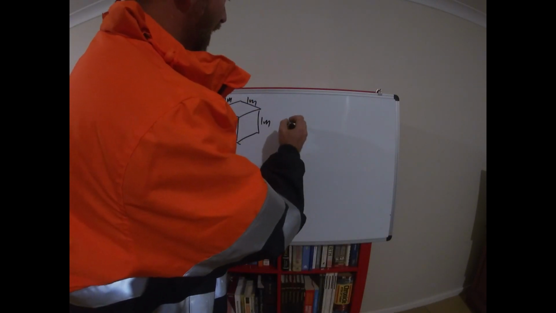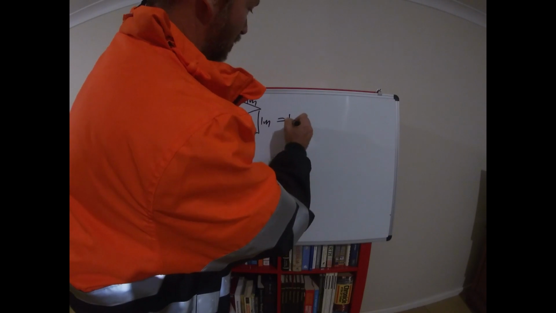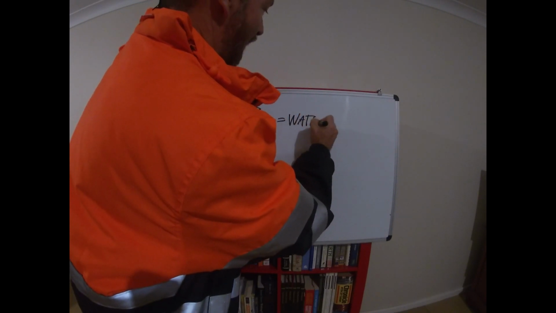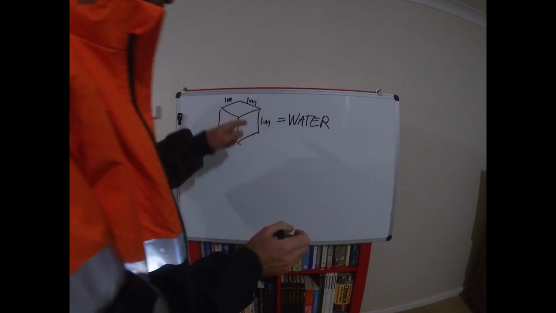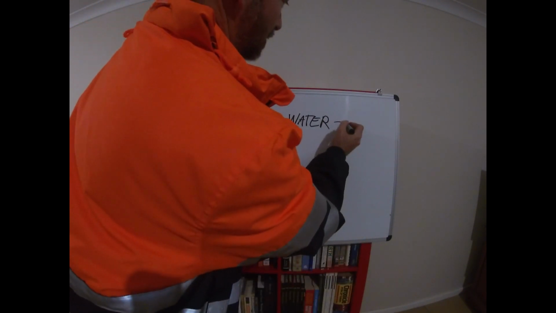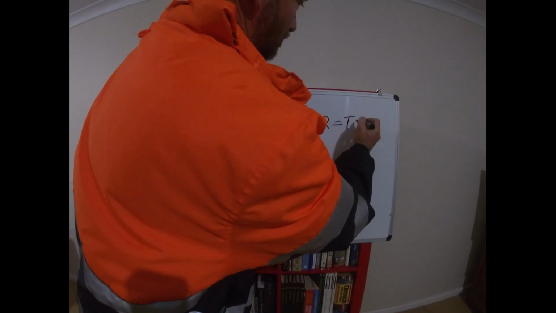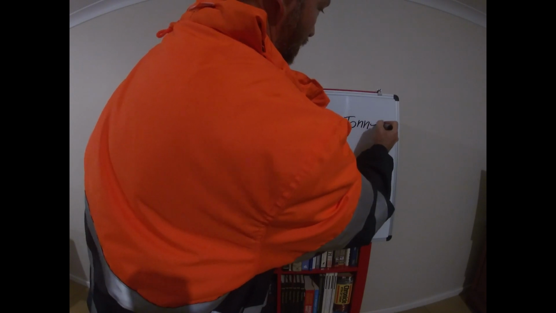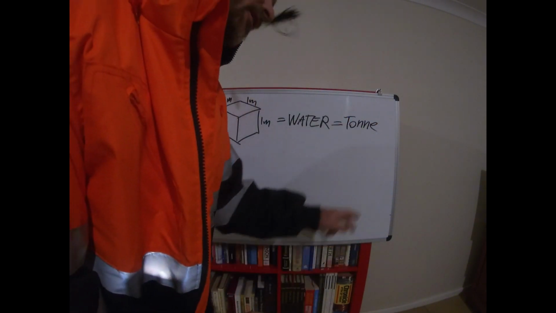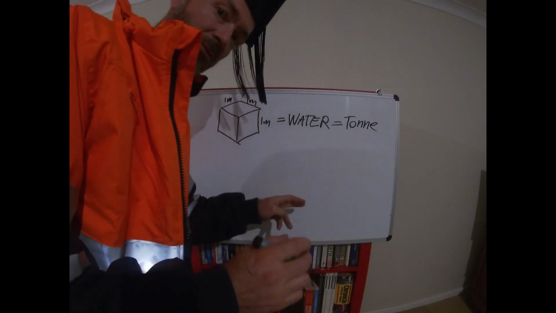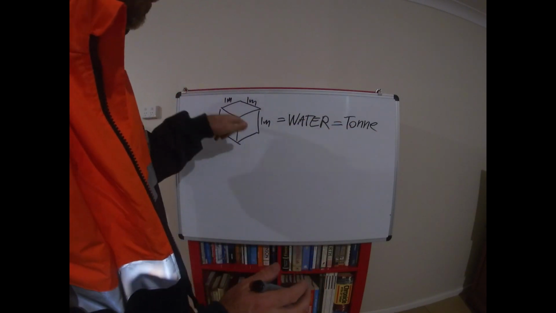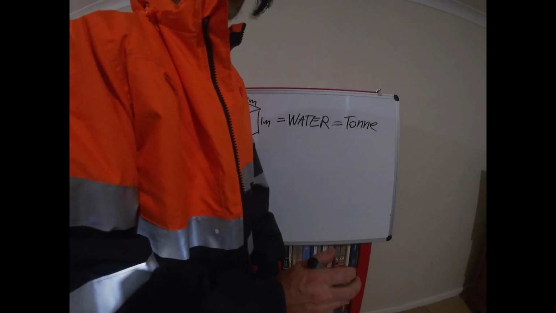So if we fill that with a product that they call in America water, we get the measurement that Americans call a metric tonne. But there's no need to say metric tonne, because why would you talk in anything else? Cubic metre of water equals a tonne.